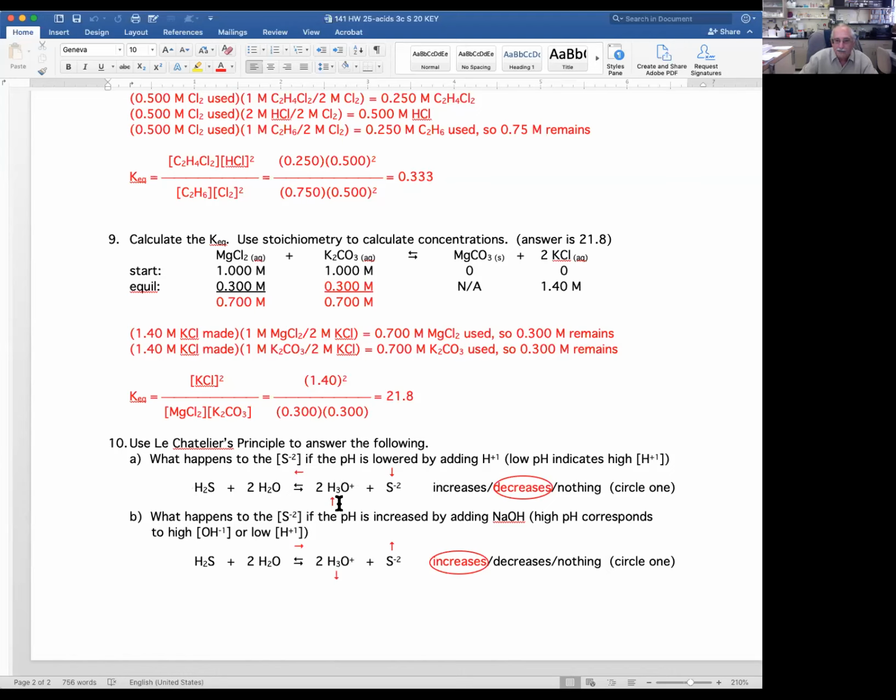So if I add acid, I'm essentially increasing the hydronium ion concentration. If I increase a product, I'm going to make the reaction go in the other direction to make more reactant. So once I get this arrow set, everything over here is going to increase. Everything over here is going to decrease. Because every time 2 of these go that direction, it takes 1 of these with it.